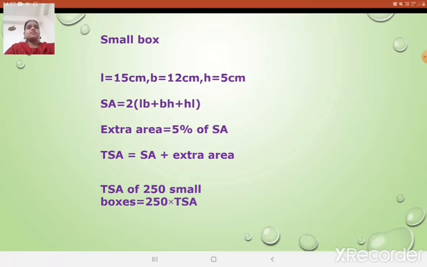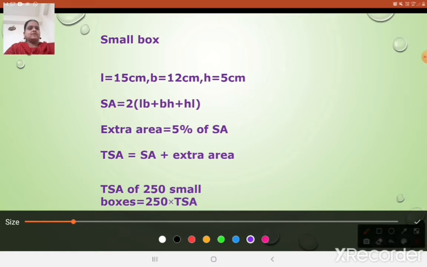That means what you will do over here? In this case you will take 5%, so 5 upon 100 of, meaning multiplication, that SA value which you get over here, and find the extra area. Then find the total surface area. Total surface area will be what?